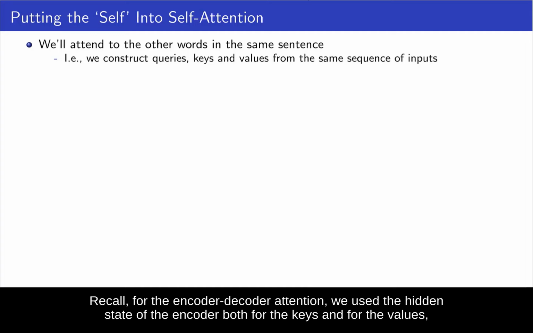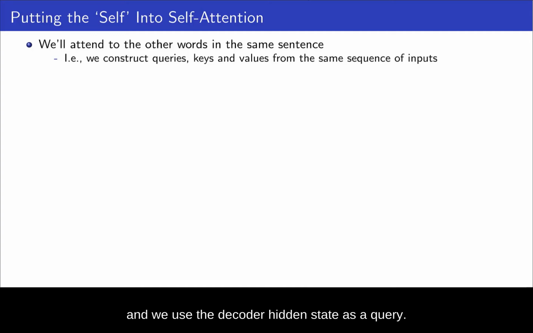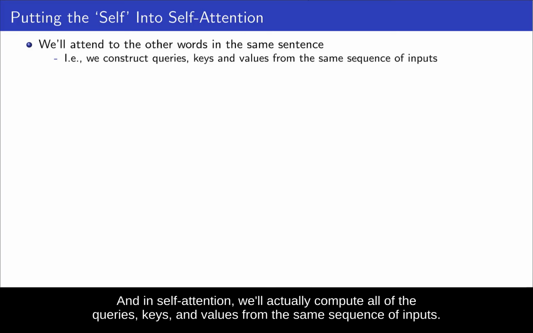Recall, for the encoder-decoder attention, we used the hidden state of the encoder both for the keys and for the values, and we use the decoder hidden state as a query. And in self-attention, we compute all of the queries, keys, and values from the same sequence of inputs.